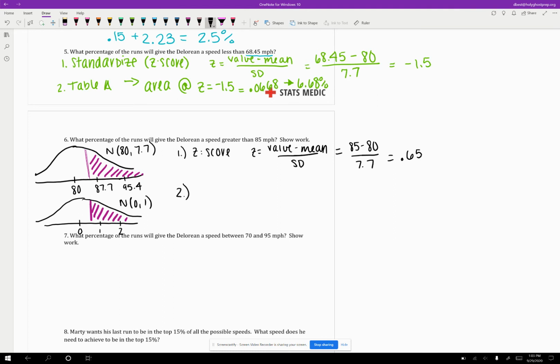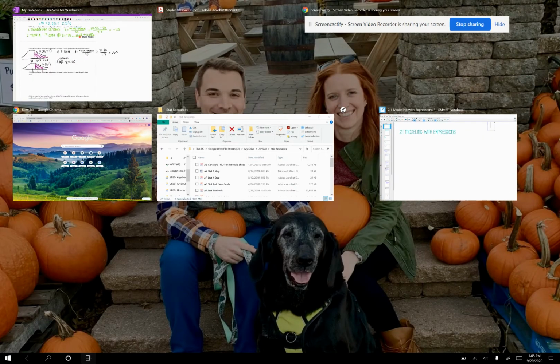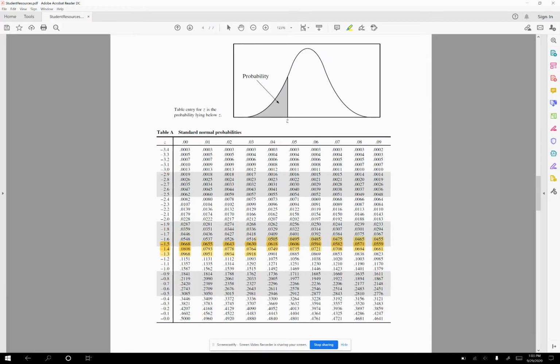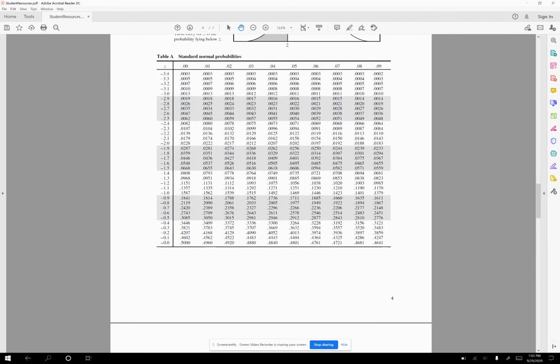And once you have your z-score, we can go to table A again. And we're looking for the area at z equals 0.65. I'm going to pull my table up again. So I'm looking for positive 0.65.